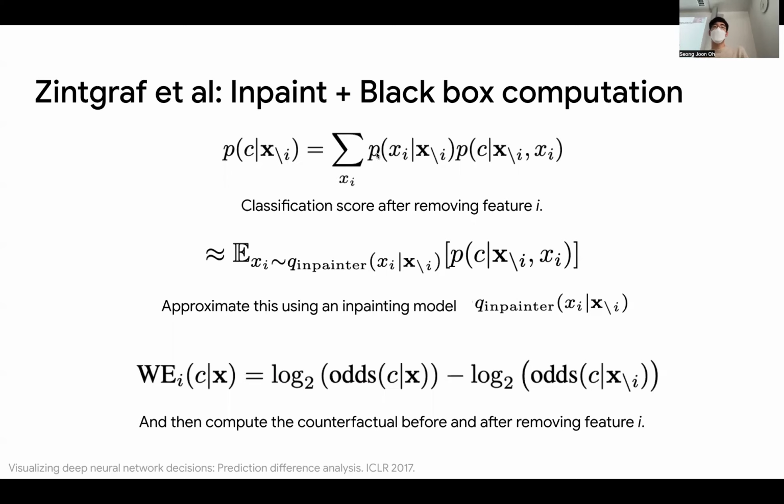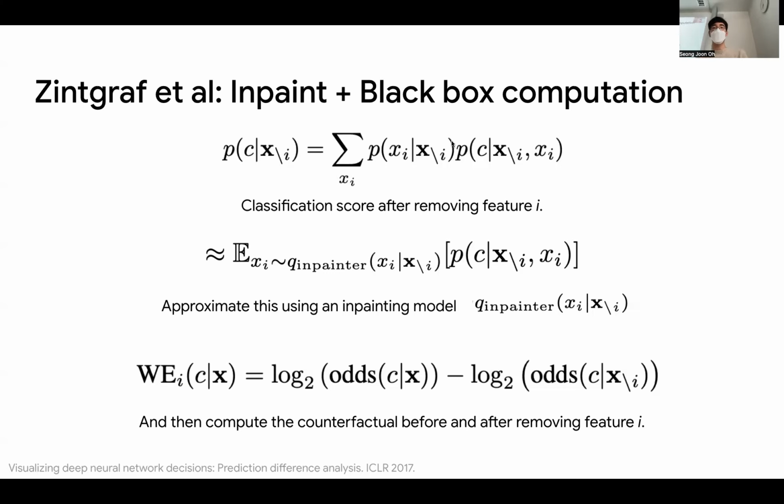And this can be written as a sum over different possibilities for this missing pixel xi, where you're considering the probability of class c for different cases of xi, where the xi is taken from the distribution of in-painting. So given all the surrounding pixels, what is the likely value of this missing pixel?